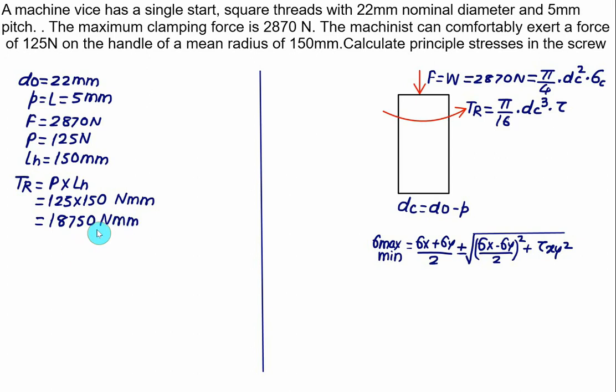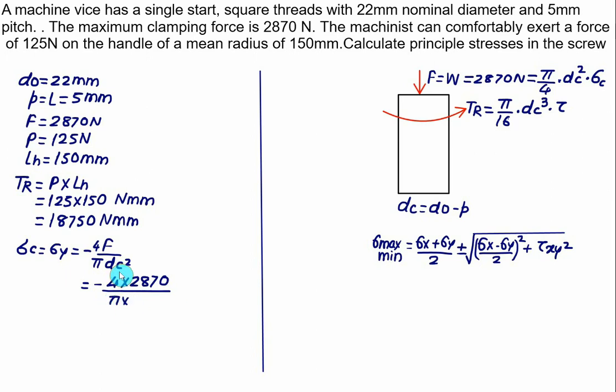Hence we can calculate the value of sigma c, the compressive stress developed. Sigma c is equal to sigma y. You have to take this value as negative because it is compressive in nature. It is force upon pi by 4 dc square, so 4 will shift to the numerator, so we have minus 4 times the clamping force 2870 divided by pi into core diameter square.